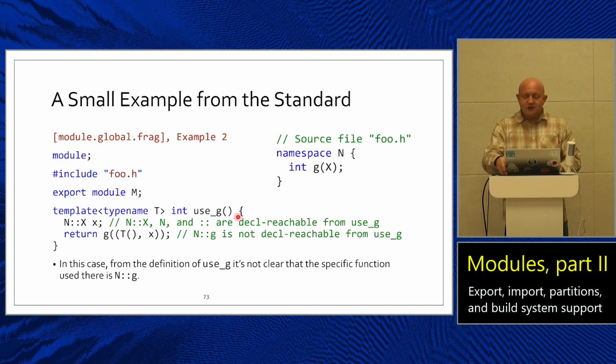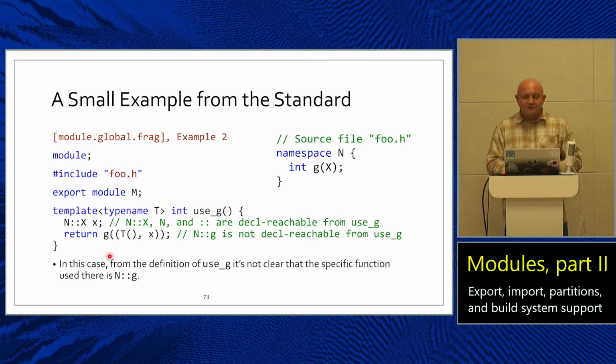It creates an object x of type N::X, and then calls g(T{}, x). Now inside this function, it's clear that names like N::X, N, and even :: are decl-reachable. They are directly used in a way that identifies them.